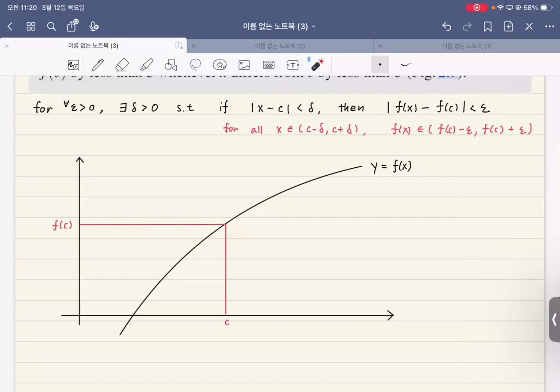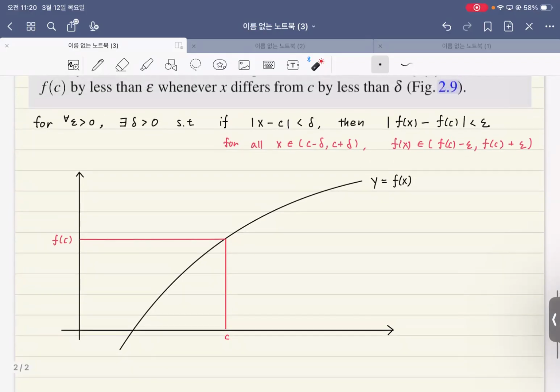All right. First, I will choose some random epsilon, like this one. I'm going to say the length of this line segment is my epsilon.